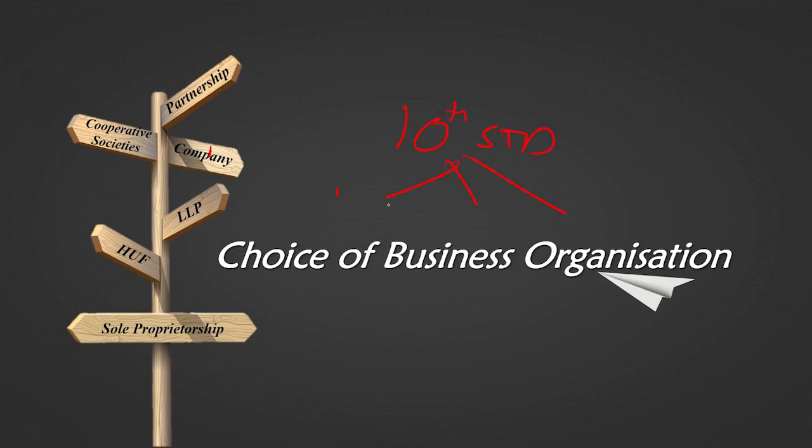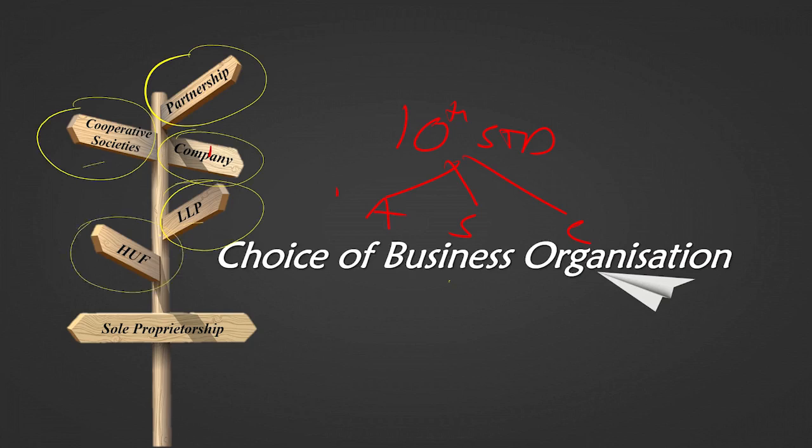You may go to arts, science, commerce, correct? Same way, when you want to start a business, there are many options before you. But which you choose depends on what your business is, what the size is, what the capital is. So you can go for partnership, society, company, LLP, HUF, that is Hindu undivided family, or sole proprietor.